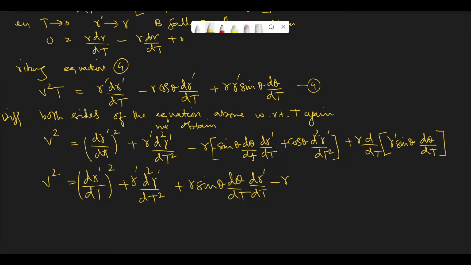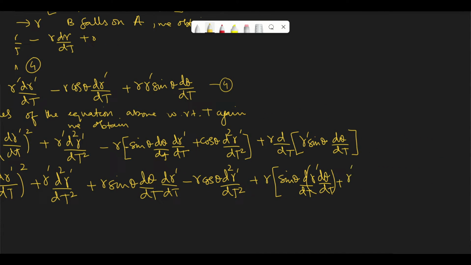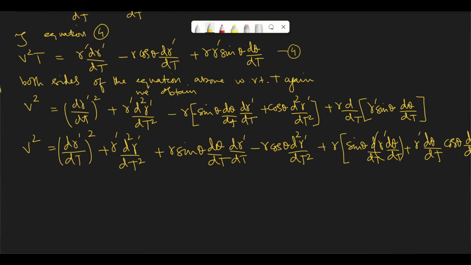dr′/dt minus r cos θ d²r′/dt² plus r sin θ d/dt r′ dθ/dt plus r′ dθ/dt cos θ dθ/dt.